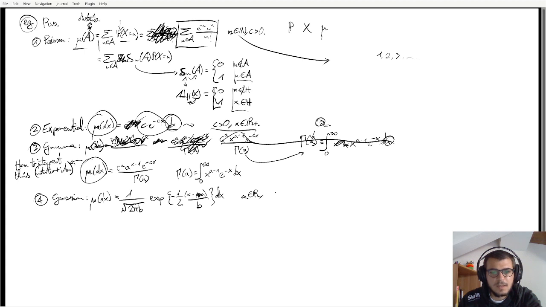We have a is a real number and b is a positive number because it's a variance, and the variance is always positive by definition, by construction, because the variance is basically this thing here.